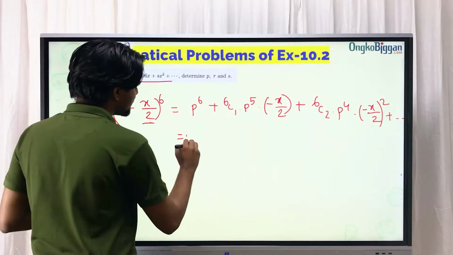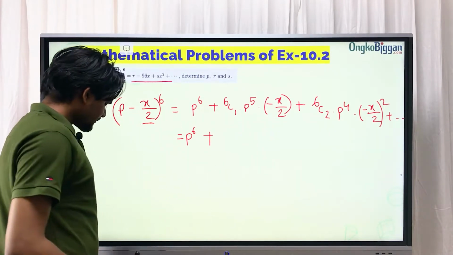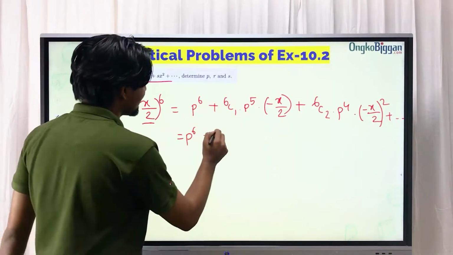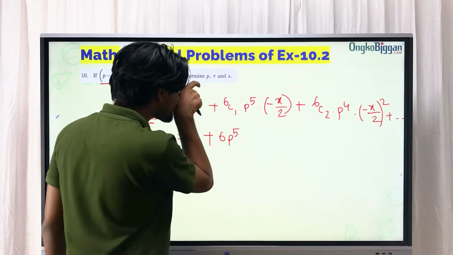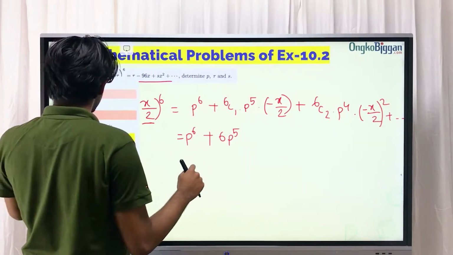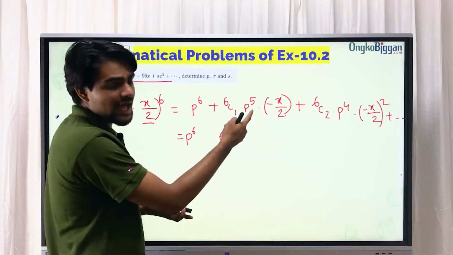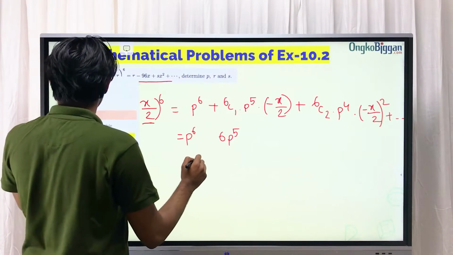So we got p^6 plus nC1, which is basically equal to n, so we can directly write 6p^5, and there is a minus, so this minus will multiply with the plus and it will be substituted with a minus.